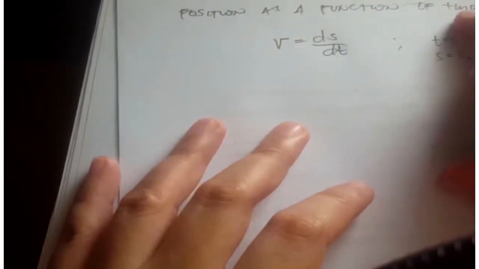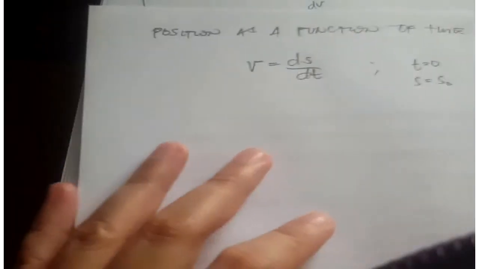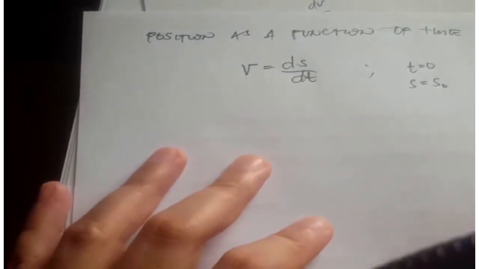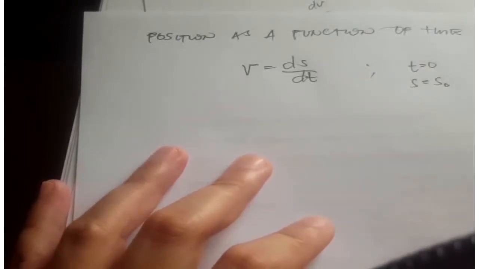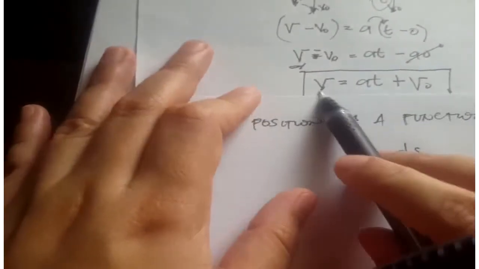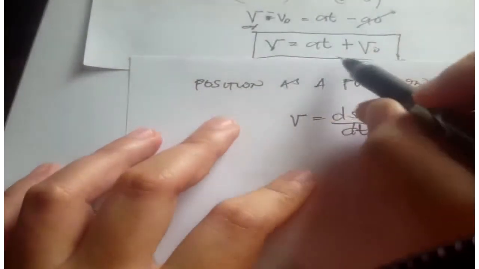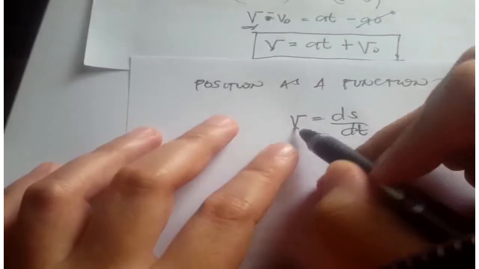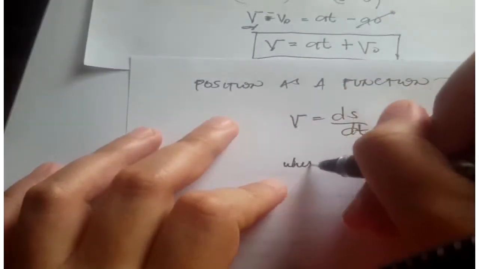From our equation, since we do not have the function of time there for our v, we can now use our derived v here. Since v is equal to at plus v sub 0, we can substitute that on our v.